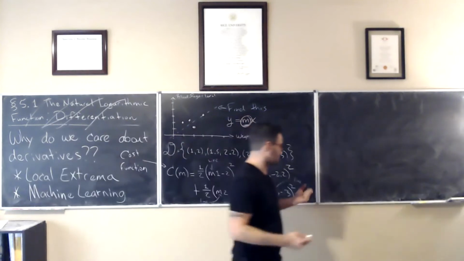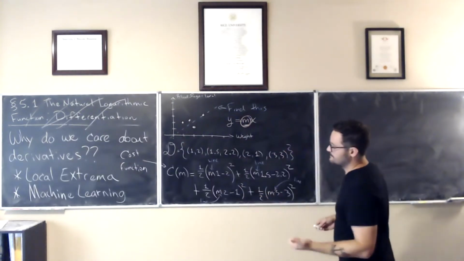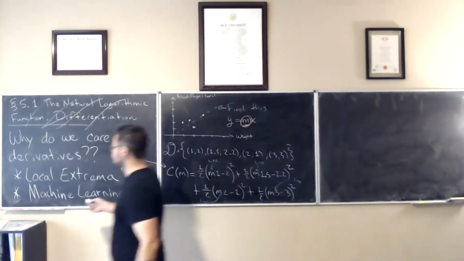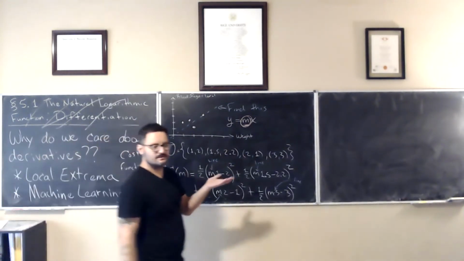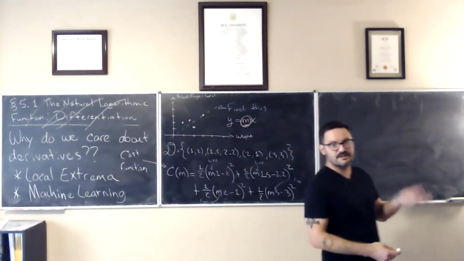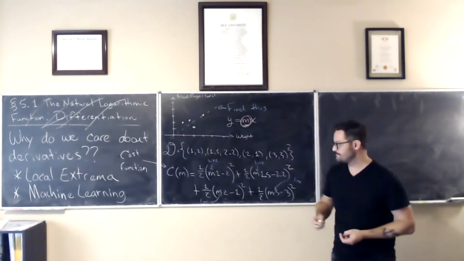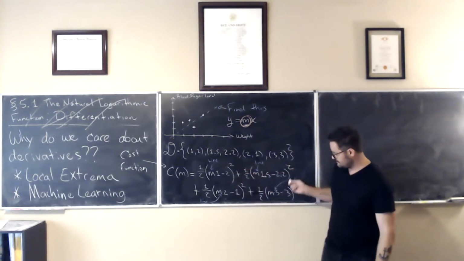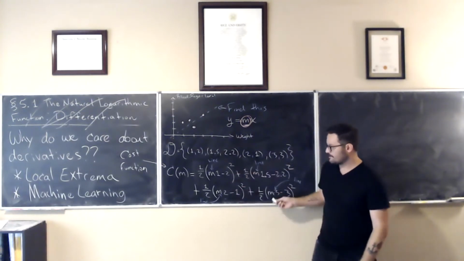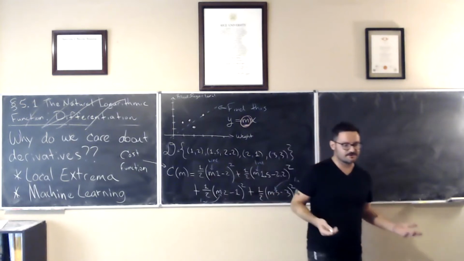Well, what did I just say a moment ago about derivatives? Derivatives tell us where the local extrema are, the local minimums, the local maximums. What type of function is this? This is a bunch of squares, right? Square, square, square. Our variable m is always being squared.